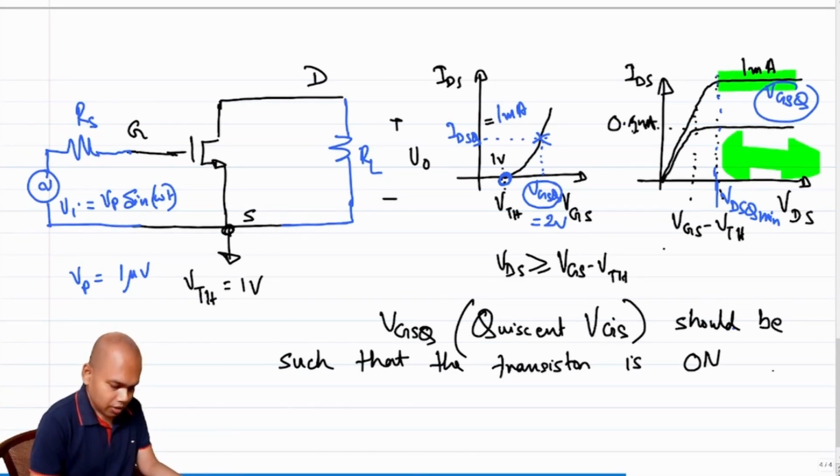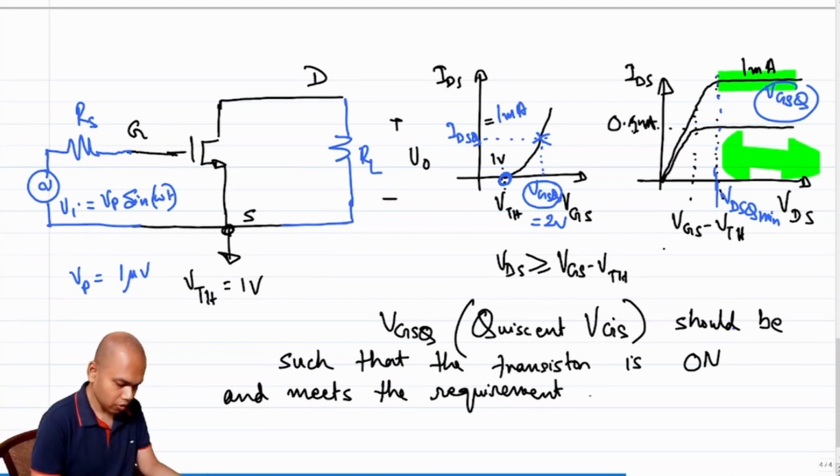Not only this, VGSQ should be such that the transistor is on and meets the requirement of GM or Y21.